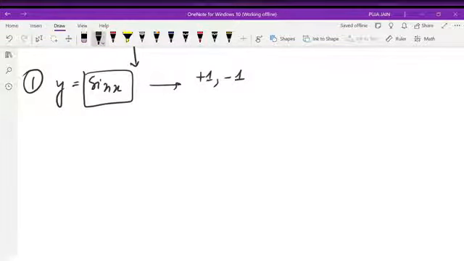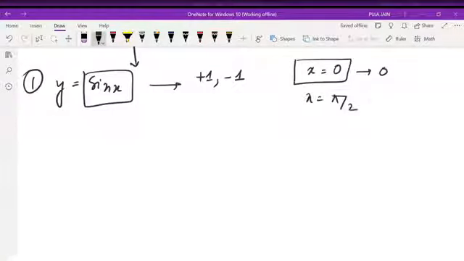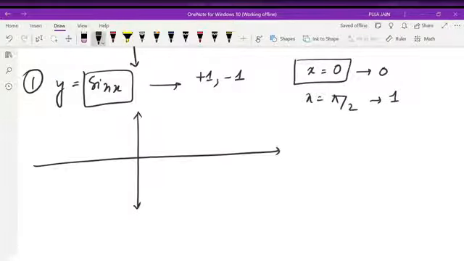Now you see this, I think you know that sin x is 0 when x is 0, and at x equals to pi by 2, sin x is having its maximum value, right?